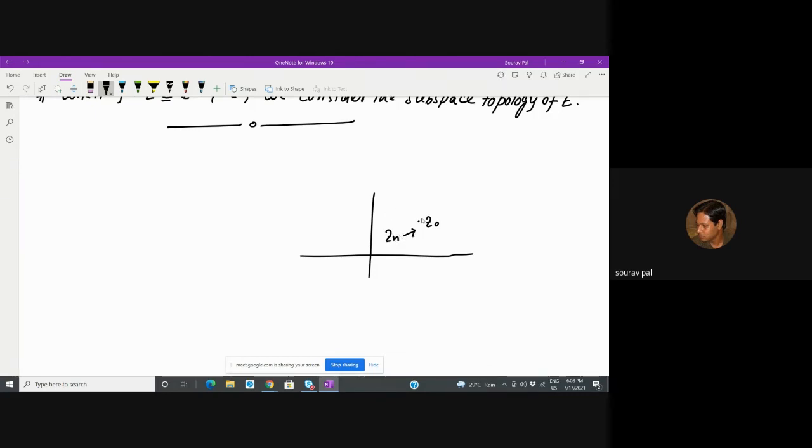So it can be anywhere. The sequence can be anywhere and converge to Z naught. So this is your Z naught. It can be anywhere, any sequence. For all possible sequences, you have f(Zn) converges to f(Z naught). This is what is happening here, nothing else. Okay.